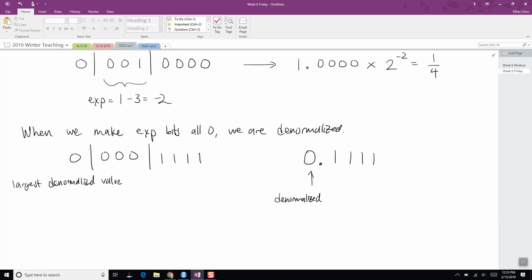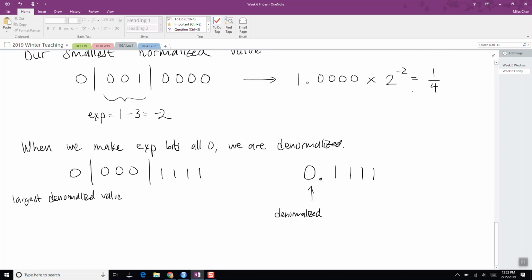Okay, and so to keep our step size consistent, we change this to be 2 to the -2. So our exponent is going to be 0 minus 2 equals -2, okay? So the bias is 1 less than normal.